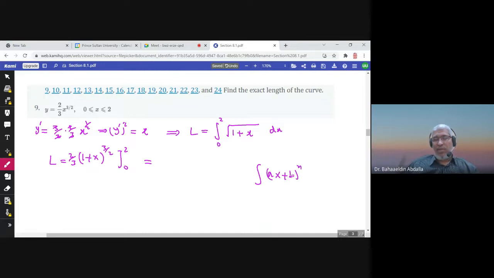The integral would be ax plus b to the power n plus 1 over n plus 1, only if we have ax plus b, x is a linear function here, okay? And then we divide by the derivative of ax plus b, which is a. But here the derivative of x is 1, so that's fine.